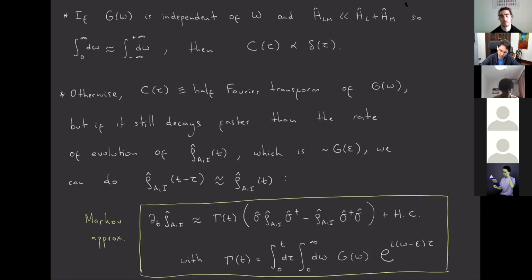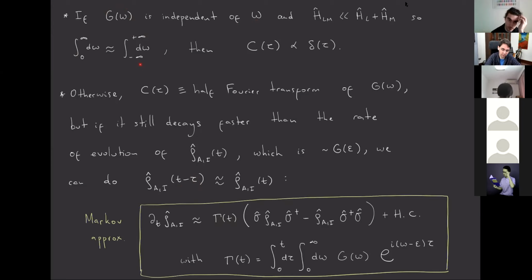So then you see that applying this Markov approximation and applying the approximation that the spectral density is independent of omega and that the integration can be extended to minus infinity, these two approximations are not exactly the same.